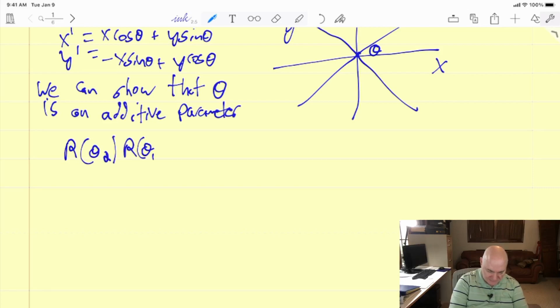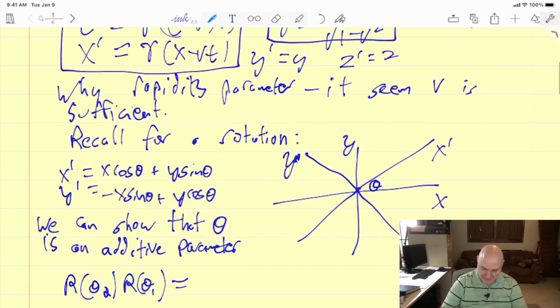1 followed by a rotation by theta 2, that's the same as, remember, we're rotating about a fixed z-axis.